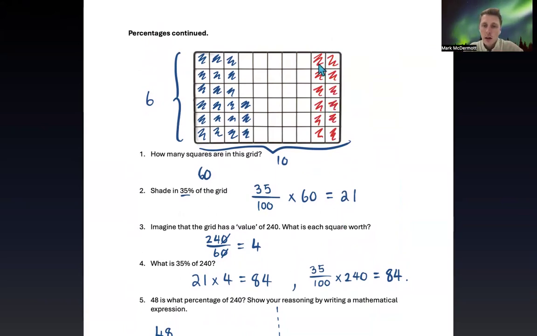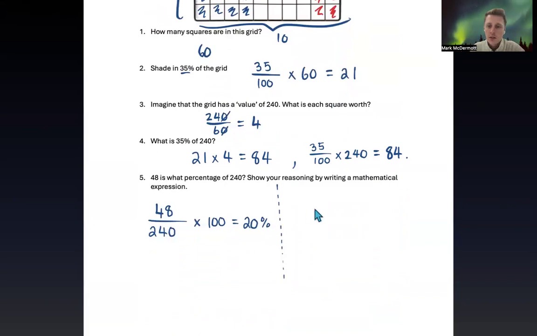And we know that each part here has a size of 4 if the entire bar is worth 240. So what we can say is 4 multiplied by 1, 2, 3, 4, 5, 6, 7, 8, 9, 10, 11, 12. 4 times 12 gives us 48. So that verifies the fact that 48 is 20% of 240.